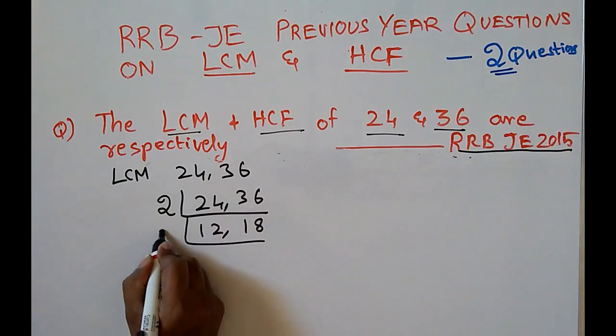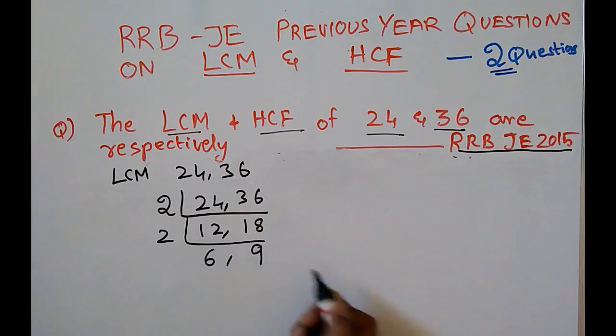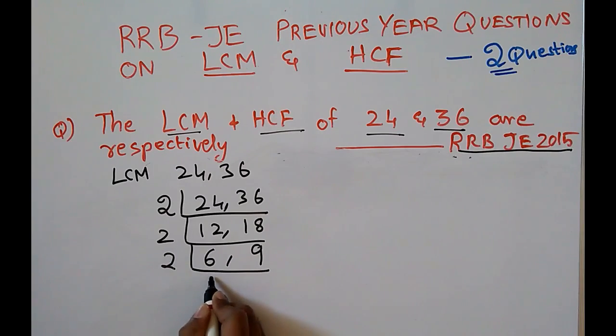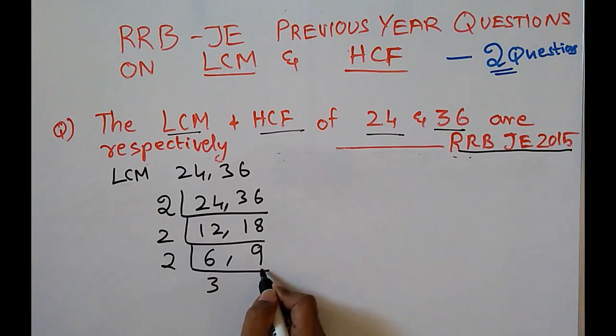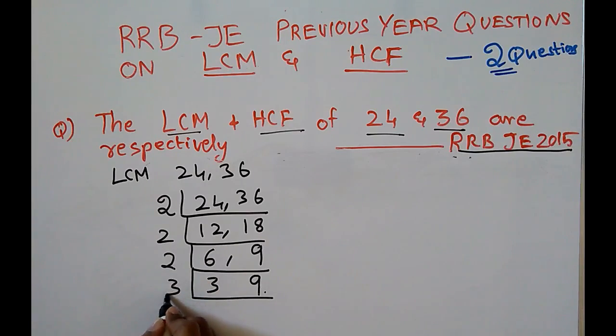Okay friends, 2 6s are 12, 2 9s are 18. Again you can divide with 2, 2 3s are 6, whereas 9 you can't divide, so you bring the 9 down, then it is divided by 3, giving 1 comma 3.